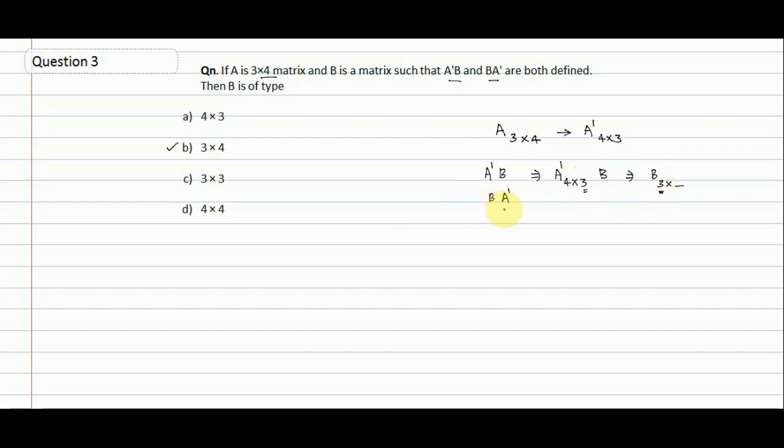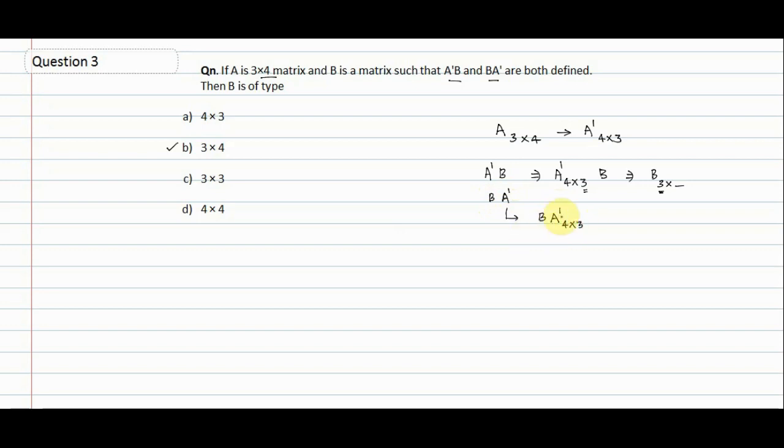The same way, another hint given is B into A dash is also possible. So what does it mean? It means that we can multiply matrix B with a matrix which is denoted as A dash and having an order of 4 by 3.